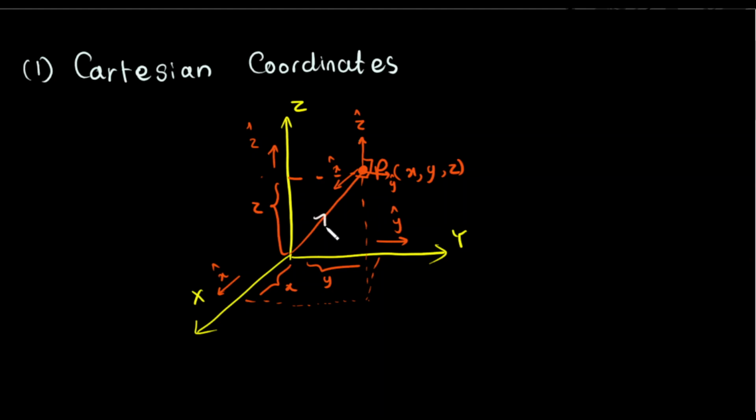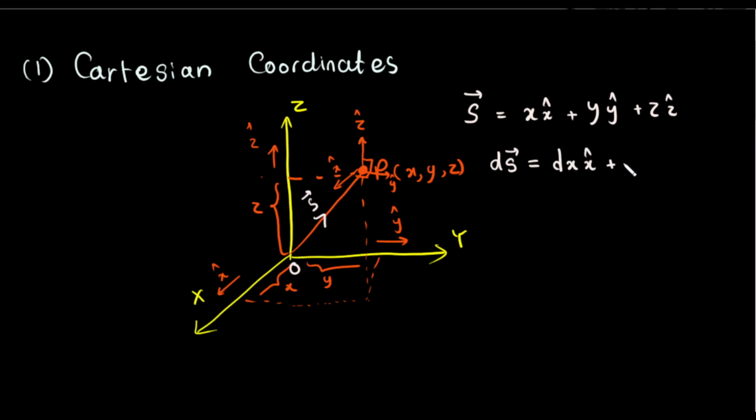Now let's say that the OP vector is equal to S. I'm going to represent my vector as S. This vector can be written in terms of x hat, y hat and z hat. If I write the infinitesimal displacement vector using the Cartesian coordinate system, this is the displacement vector, we have dx x hat plus dy y hat plus dz z hat.